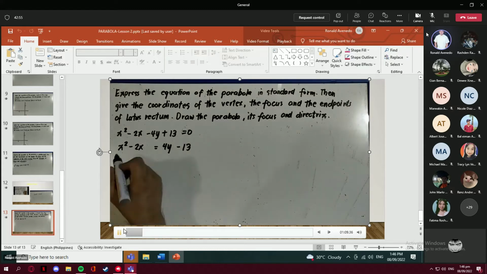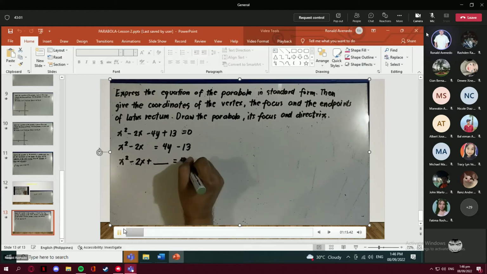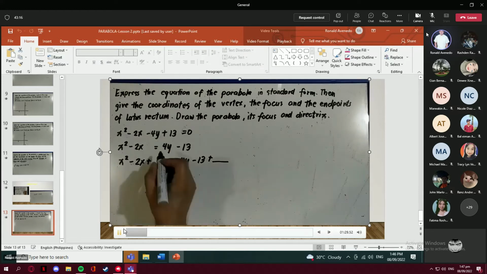Then by completing the square, x squared minus 2x plus blank, equal to 4y minus 13 plus blank. The number here divided by 2 is 1, and 1 squared is 1. Since we added 1 here, we also need to add 1 to the other side.